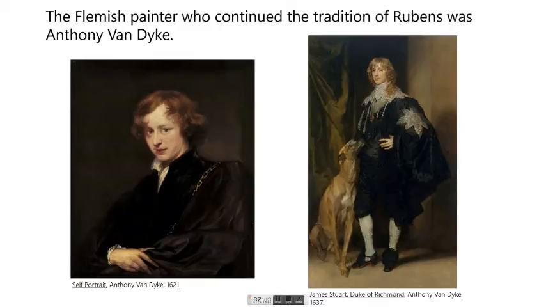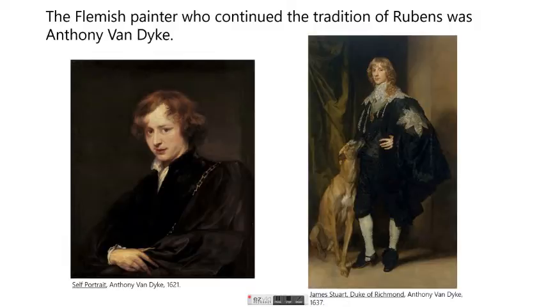Van Dyck definitely is the inheritor of the Rubens tradition, but Van Dyck's career was also different from Rubens, not as emphasized on these giant size, multi-figure history painting and religious themed paintings, but much more focused on portraiture and court painting.